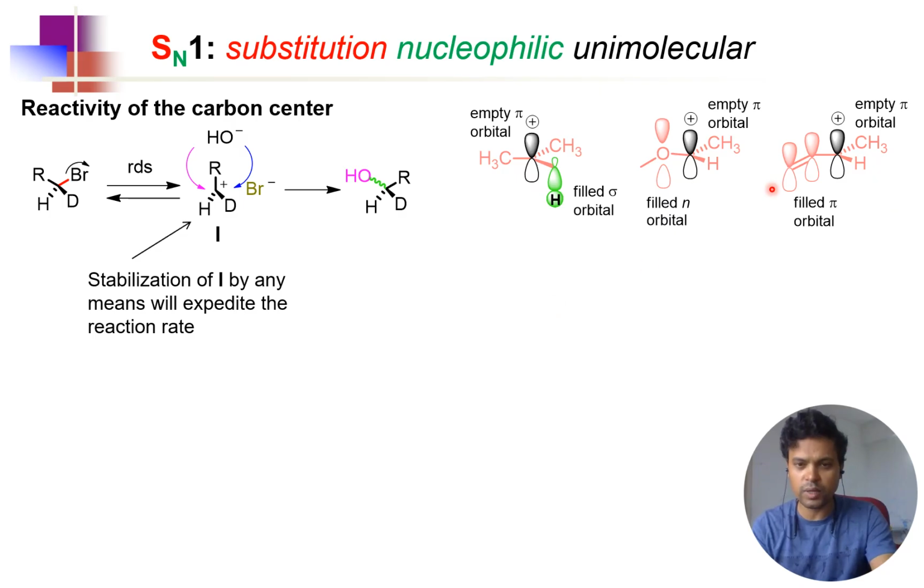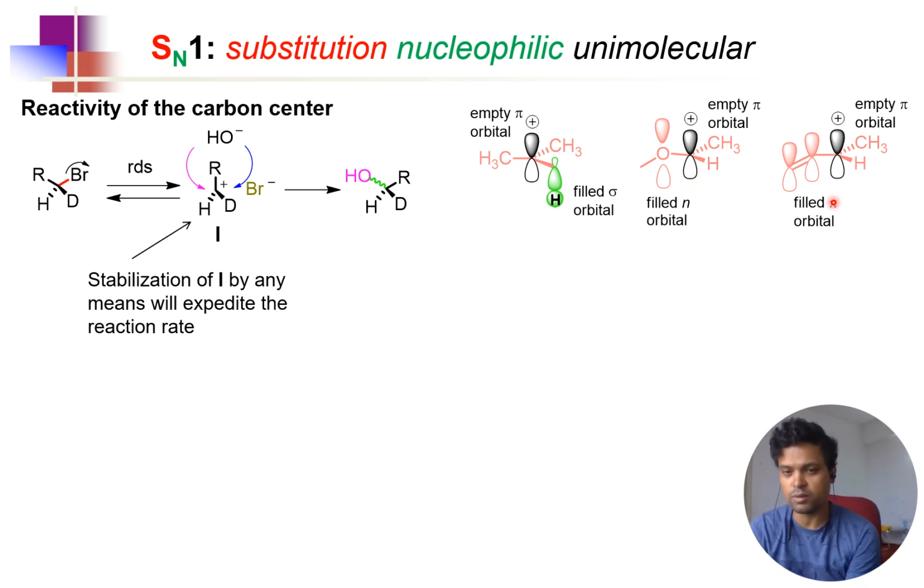There are another two ways. If you have a heteroatom like oxygen, nitrogen, or sulfur that has a pair of electrons, that electron pair can be donated to the empty p orbital. Again, you can see that I have drawn them perpendicular to each other, so there should not be any angle between them. They should always be aligned to have a proper pi overlap.